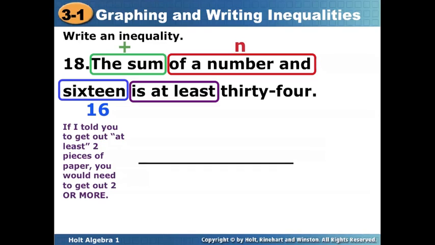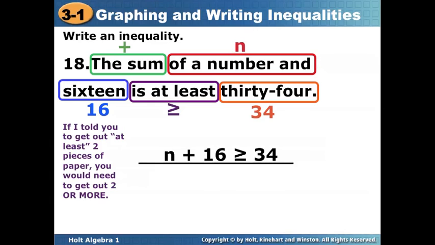So is at least is greater than or equal to. If I told you to get out at least 2 sheets of paper, you could get out 2 or more, greater than or equal to that many. Is at least is greater than or equal to. And then 34, use the value 34. So have n plus 16 is greater than or equal to 34 as our answer.